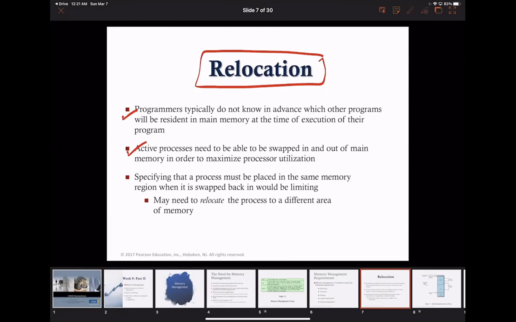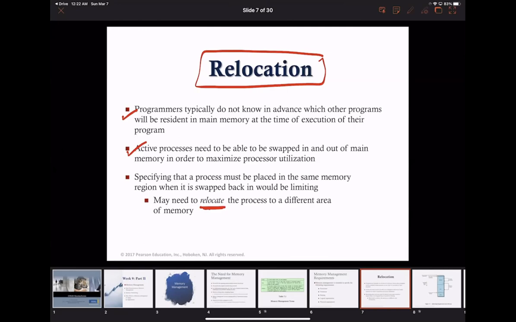Once a program is swapped out to virtual memory, like the disk, it would be quite limiting to specify the best time to swap it back into the main memory, and that it must be placed in the same main memory region as before. Instead, we use relocation, which means we may need to relocate the process to a different area of memory, and this relocation needs addressing management.